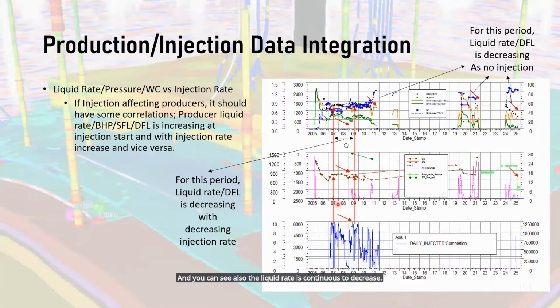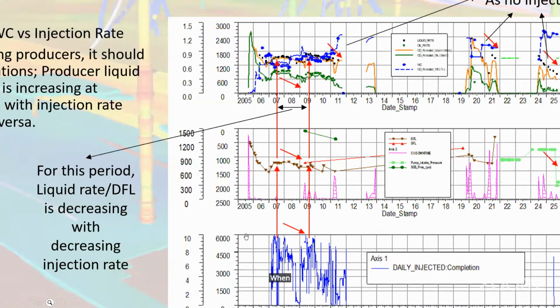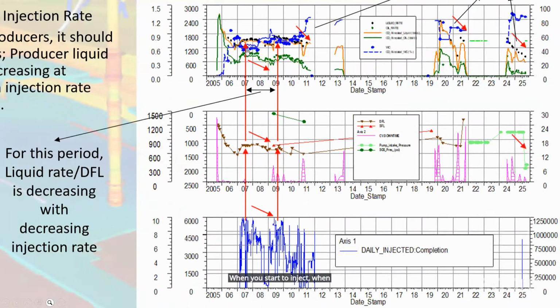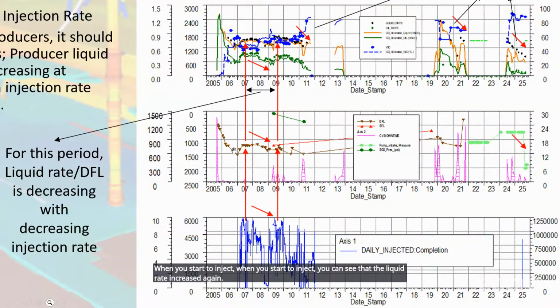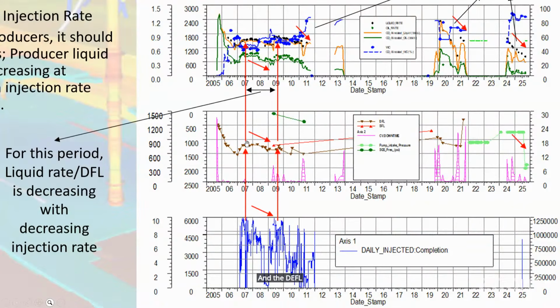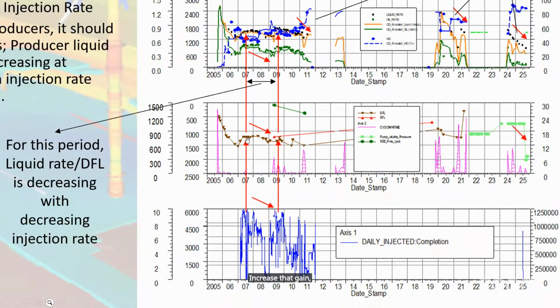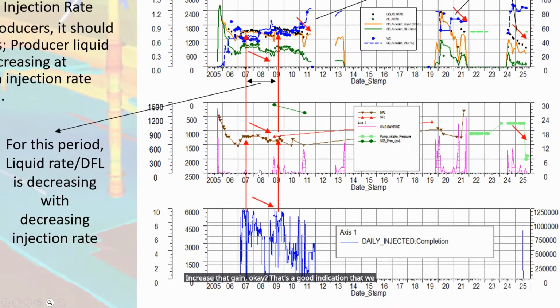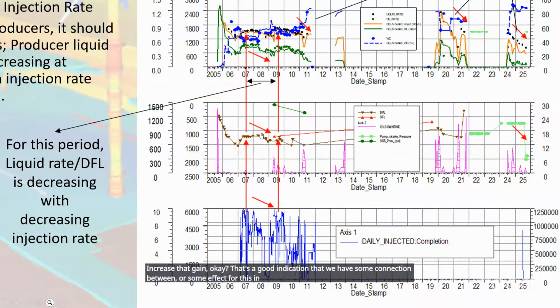Okay, and when you start to inject, you can see that the liquid rate increased again and the DFL increased again. Okay, that's a good indication that we have some connection, or some effect from this injection on the production.